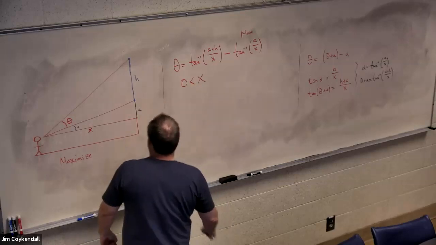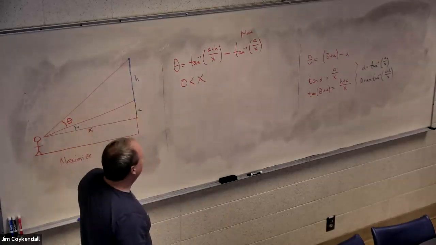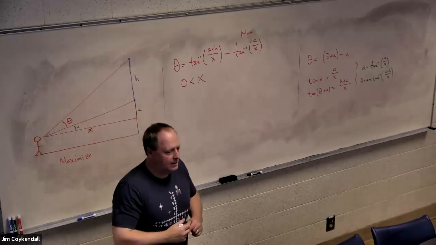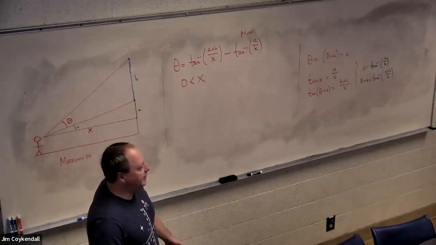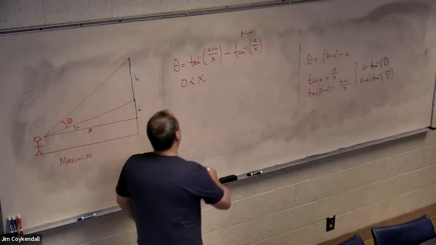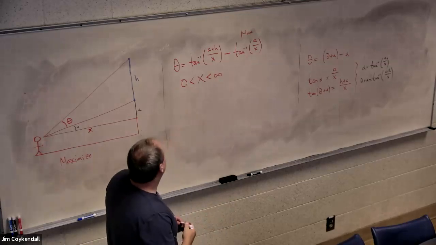I mean, I guess technically, if I smack my face against the wall, we kind of can't see that. Right? How big can this be? Eat your carrots, it can be as big as you want, right? You can walk as far away, there's nothing stopping you. I mean, we ignore the curvature of the earth.